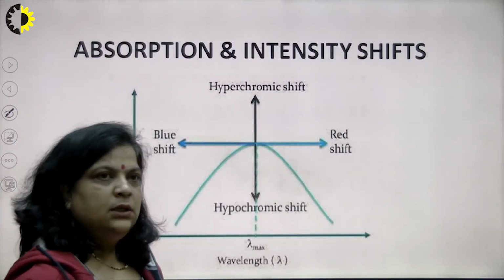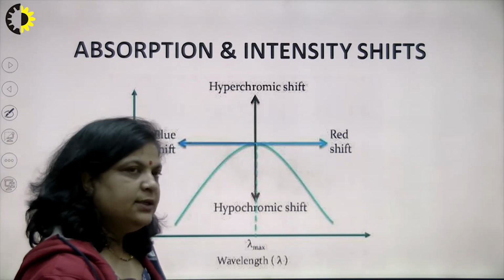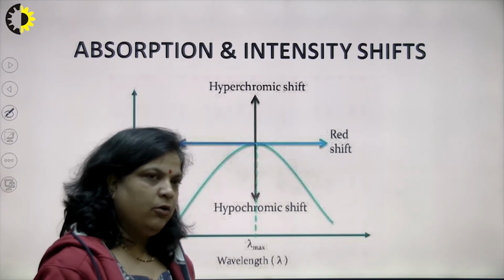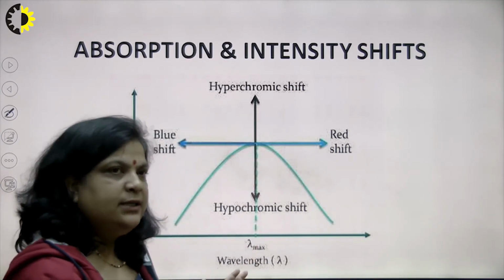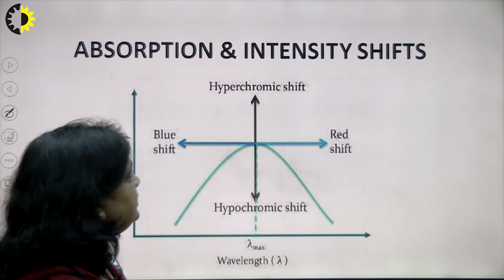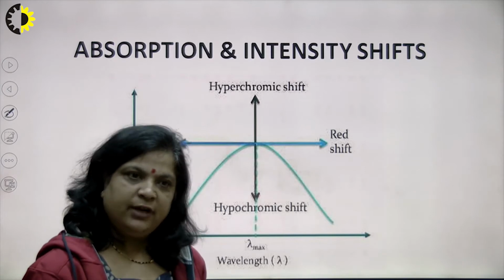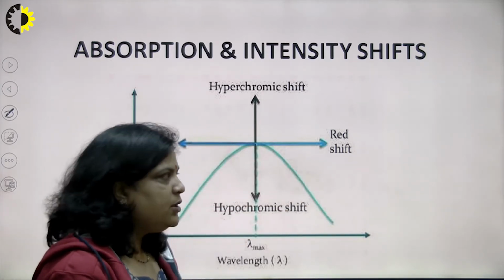Now, the transition of electron from bonding to anti-bonding orbital we have already discussed in the previous lecture. So, here I will discuss the absorption and intensity shifting. This is the absorption maxima, and what is the absorption maxima?